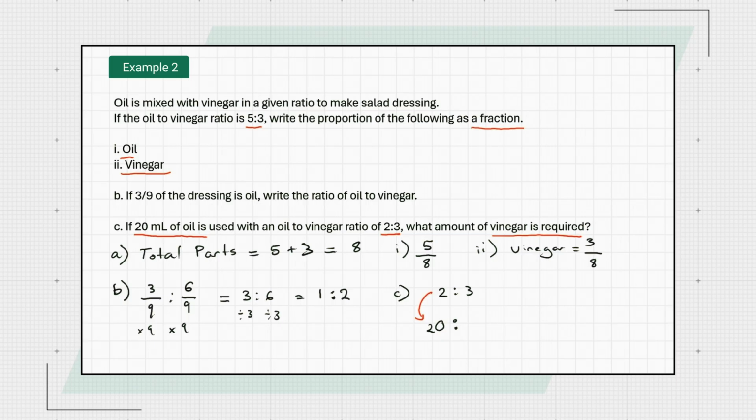To get from here to here, I've multiplied the 2 by 10. 2 times 10 is 20. In order for the ratio to stay the same, I have to do the same to both sides. So if I do 3 times 10, I get 30. So the amount of vinegar I need is 30 mils of vinegar.